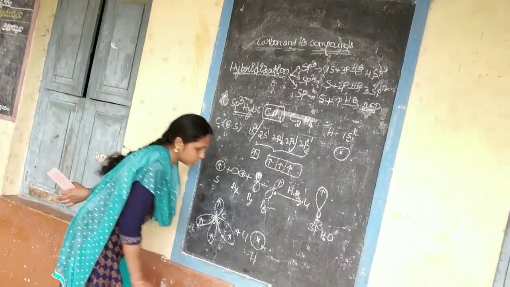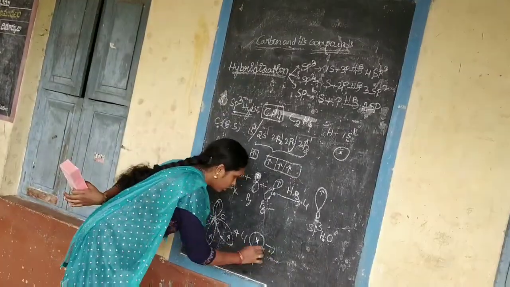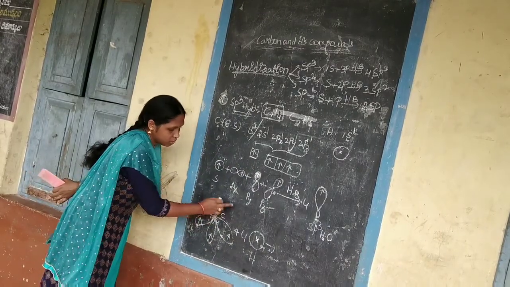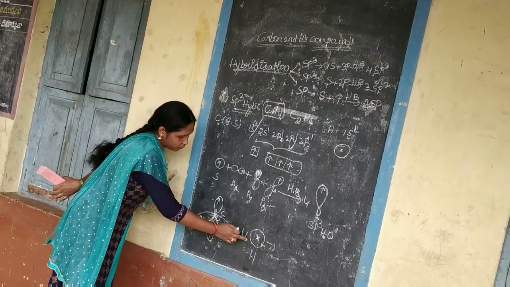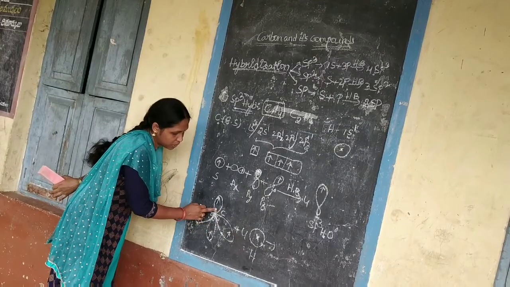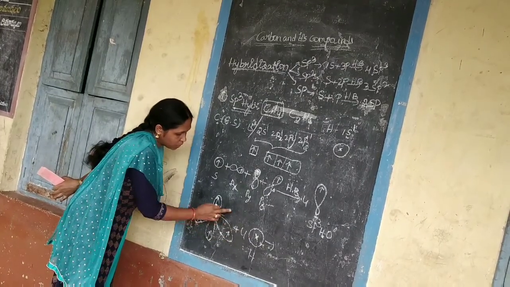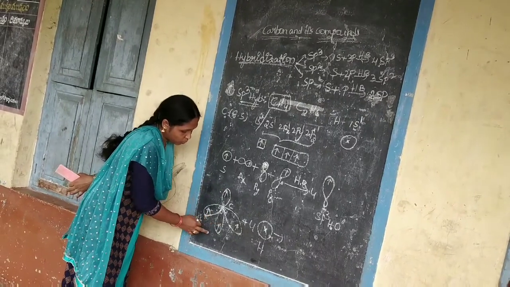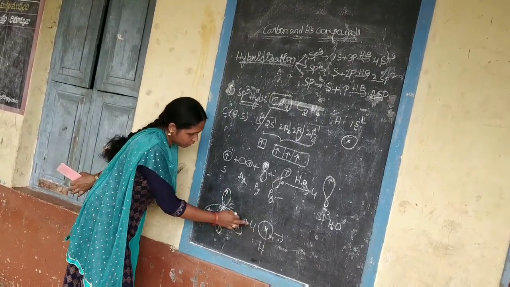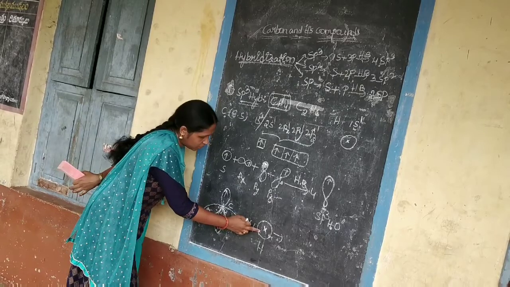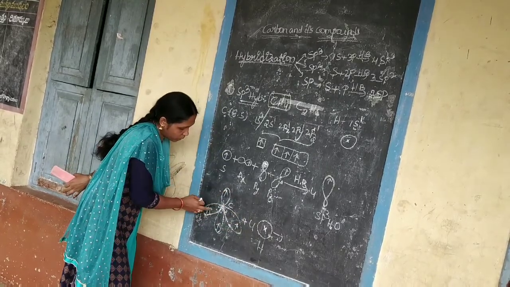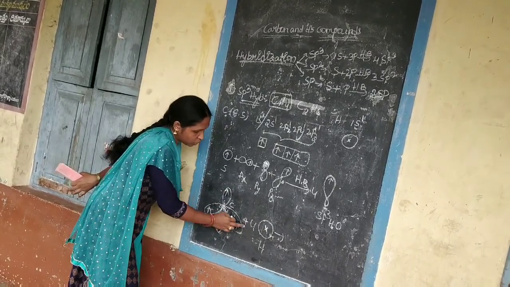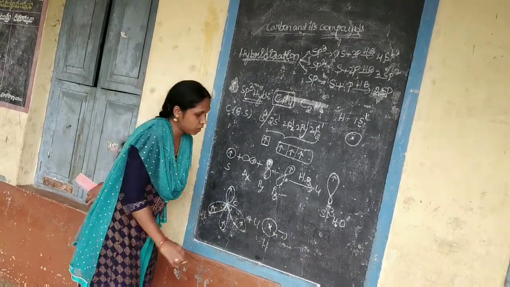This is a hydrogen nucleus. After the arrangement of hybrid orbitals, the s orbital of hydrogen overlaps with the hybrid orbitals of carbon. Here four hydrogen orbitals overlap with the four hybrid orbitals of carbon and form four sigma bonds.